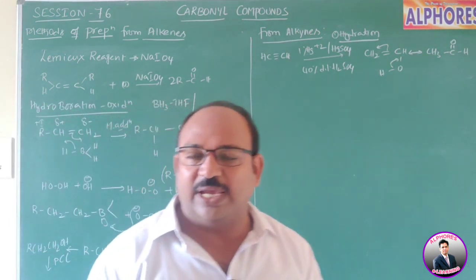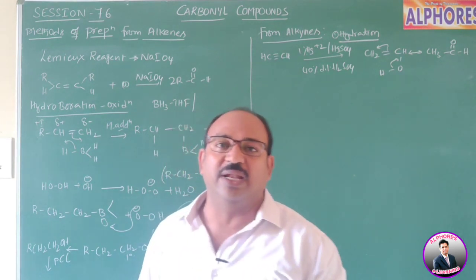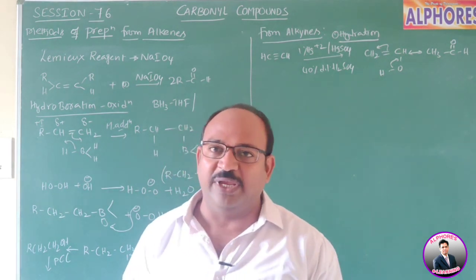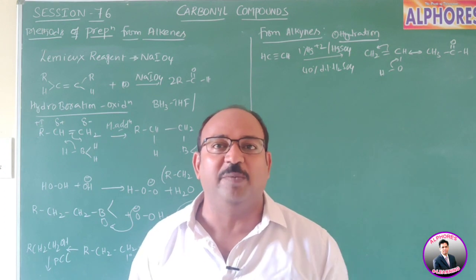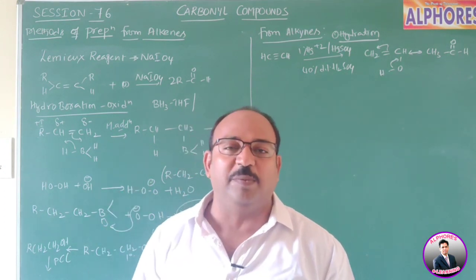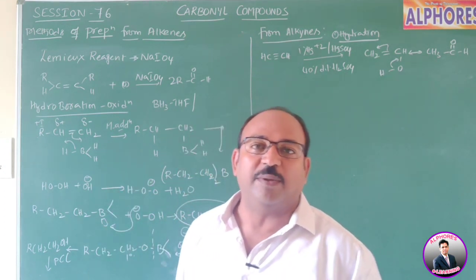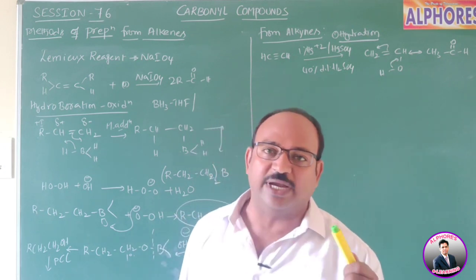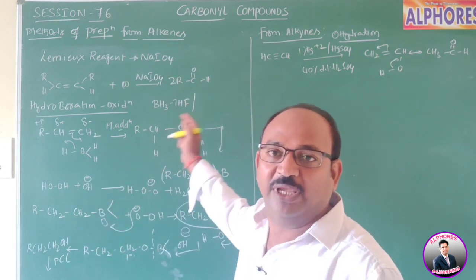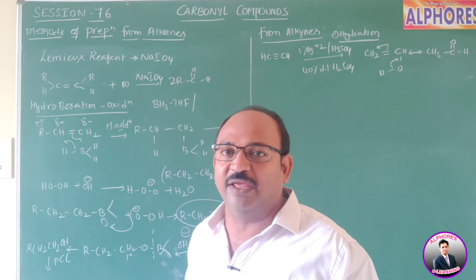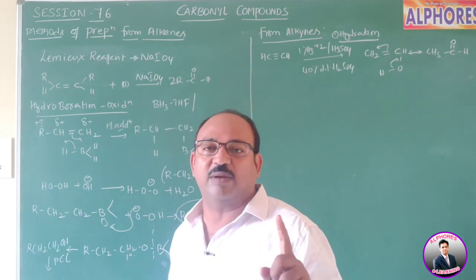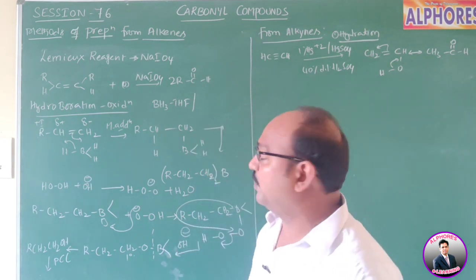That's why we cannot prepare a 1-carbon aldehyde either, that means formaldehyde. From alkenes we can prepare formaldehyde, meaning from ethylene upon ozonolysis you get formaldehyde. But from ethyne you do not get any formaldehyde.